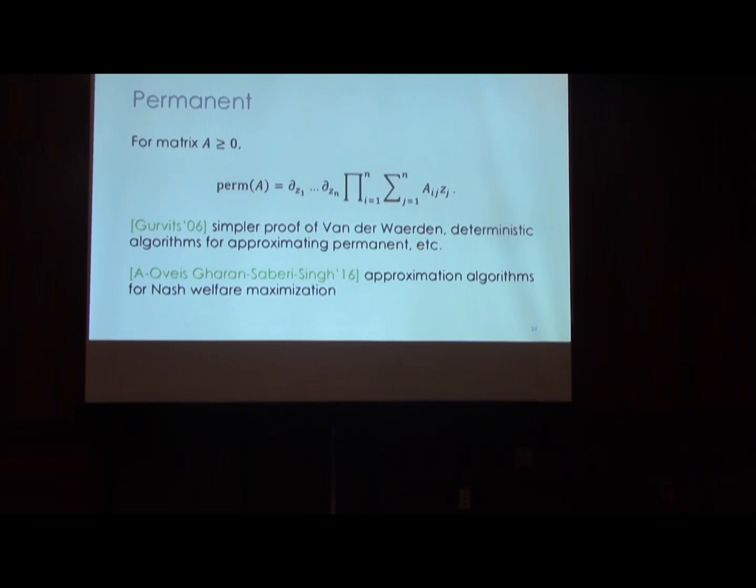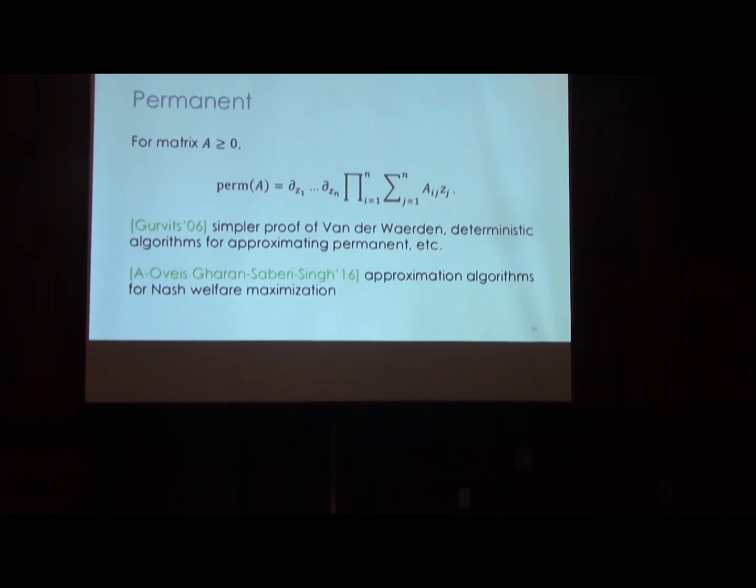And he was able to do a lot more with it. He was able to obtain deterministic algorithms for approximating the permanent, etc., etc. Recently, we've also been able to use this connection with the permanent to apply the machinery of real stable polynomials to problems that economists care about.